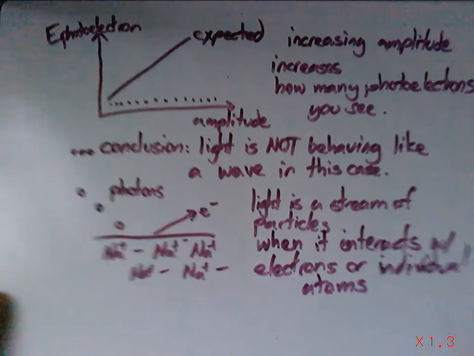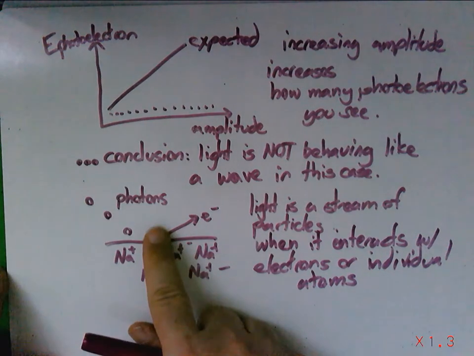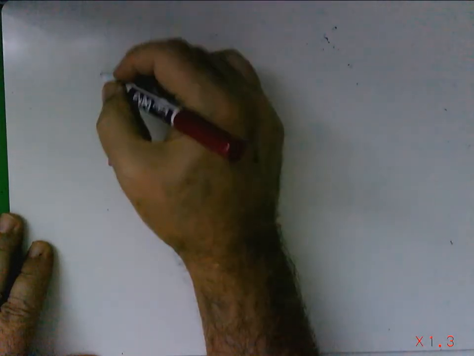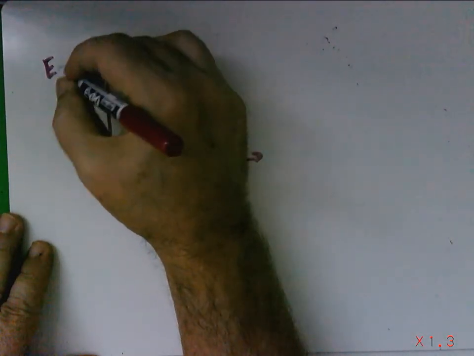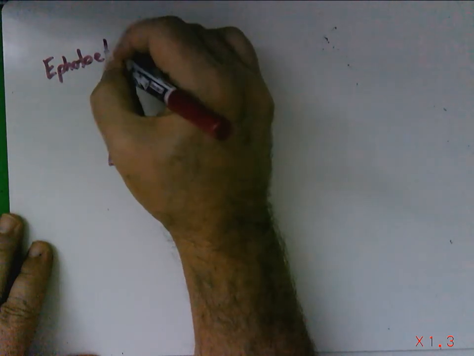Now, here's what Einstein suggested that they do to check this out. He said, make your graph again. Put your E photoelectron, your kinetic energy of the photoelectrons, on your y-axis, just like you had it before.